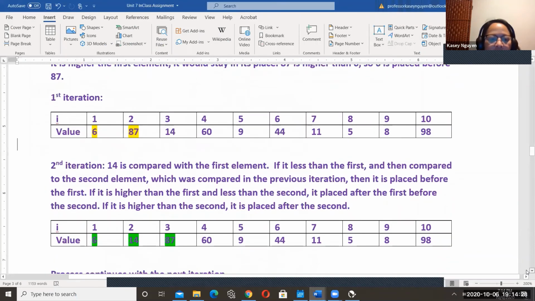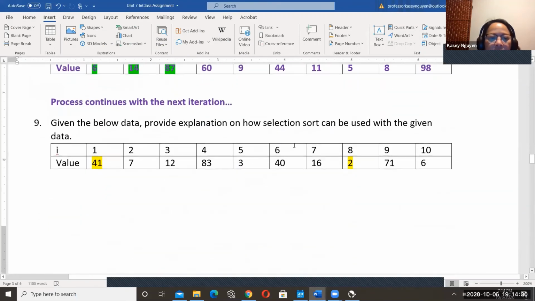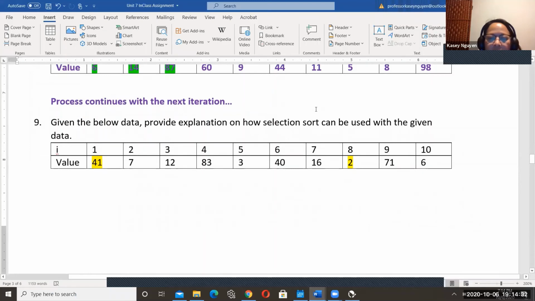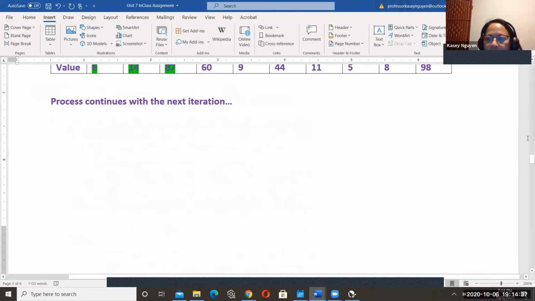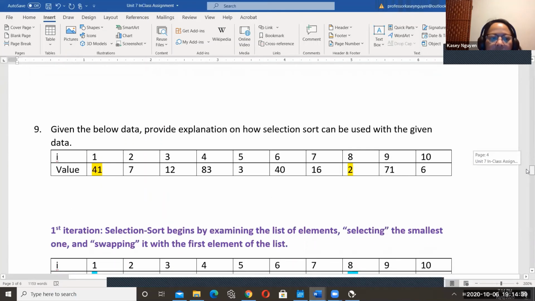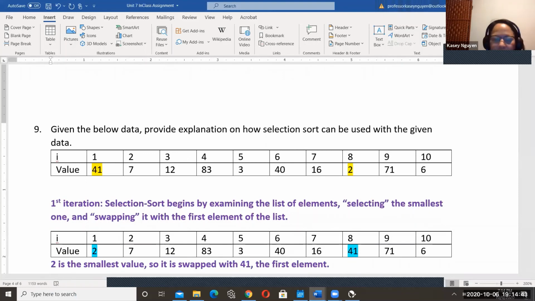Okay, so let me put this on the next page so we can see it. Okay, so for number 9. Given the data, provide an explanation for how selection sort can be used with the given data.